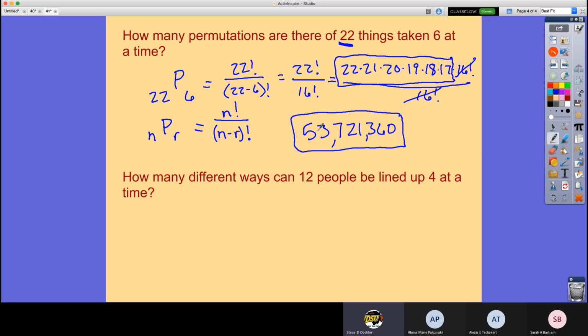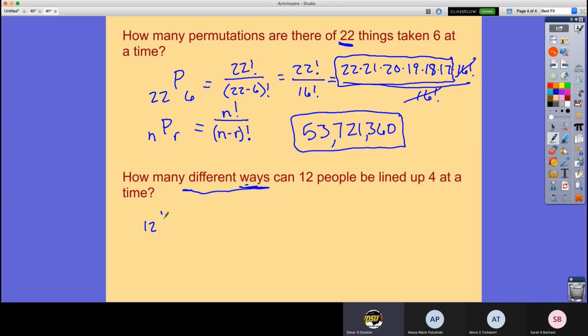Down at the bottom, though, is definitely one I could throw on a no calculator test. How many different ways can 12 people be lined up 4 at a time? Whenever you see this, how many different ways, that is talking permutation.